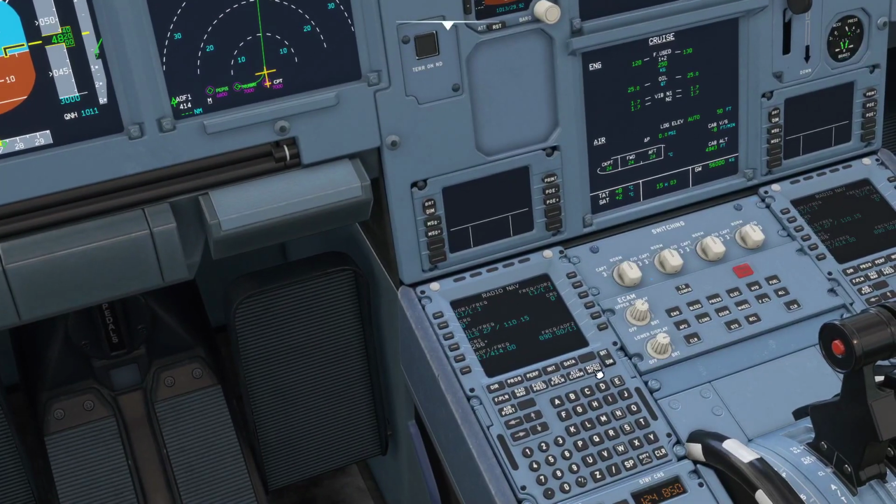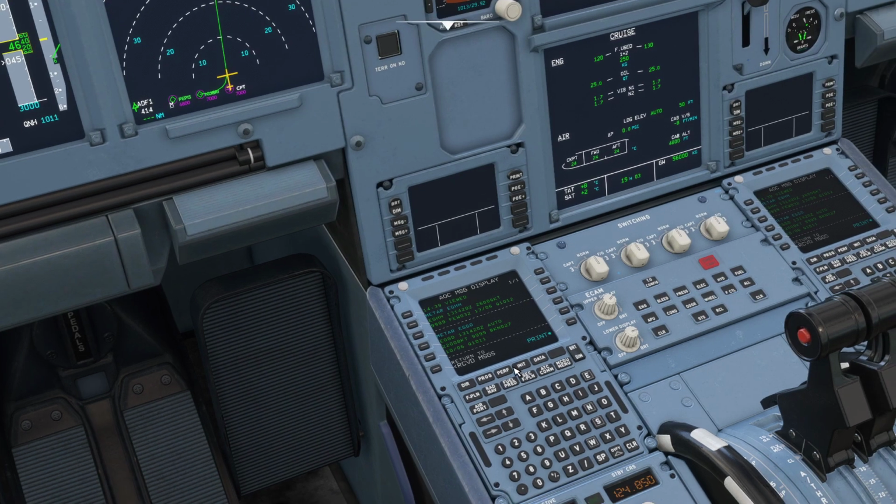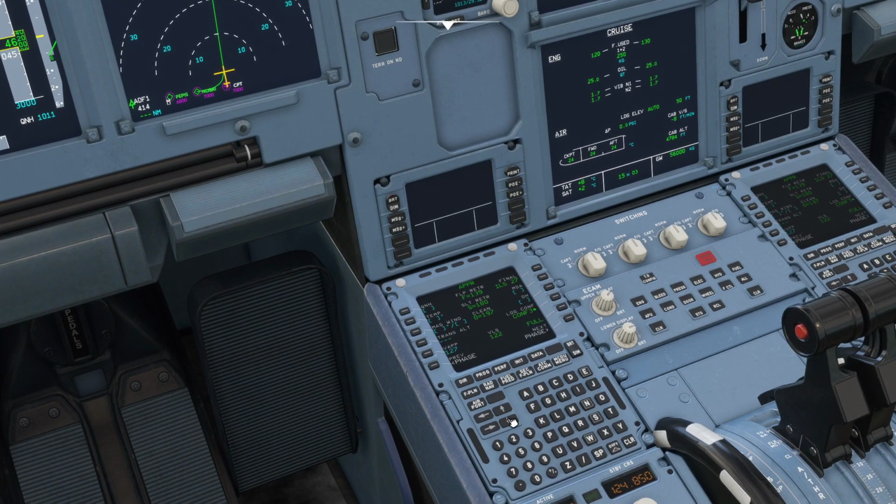We're going to need a few things for this demonstration. I'll just very quickly get the weather from our METAR in the MCDU. 10 degrees, 220 at 8 knots wind, QNH 1011, perf.